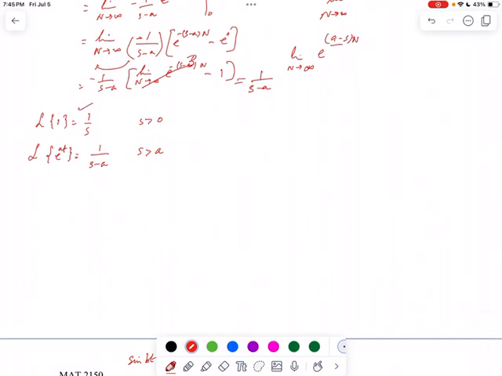Well, if you see something like the Laplace transform of, let's say, 5, now that we have learned the linearity property, we can think of it as 5 times 1. So this is the same thing as 5 times the Laplace transform of 1. The Laplace transform of 1 is 1 over s. So we'll get 5 over s, and s will be greater than 0.